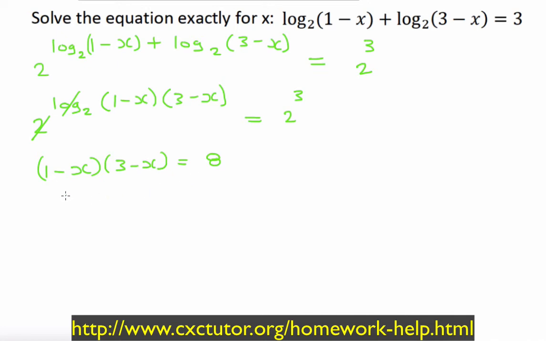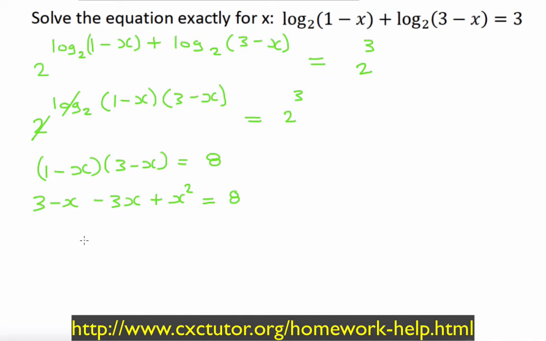So we have simplified the expression, removing the logarithms. All that is left to do now is to expand this equation and then solve for x. So this is essentially 3 minus x minus 3x plus x squared, and that is equal to 8.